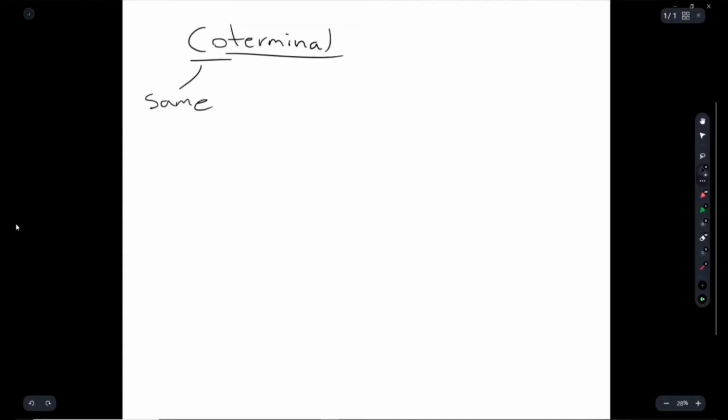Okay, so the next idea we need to be familiar with is coterminal. In the word coterminal, co means the same and terminal means where it stops. So a coterminal angle, for the angle, let's say angle 30. I'll draw the coordinate plane to make it more clear.